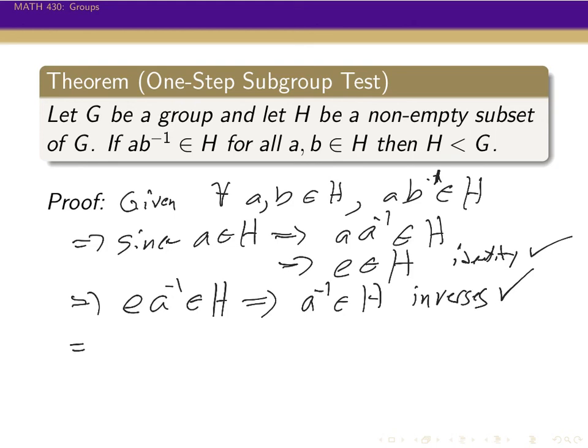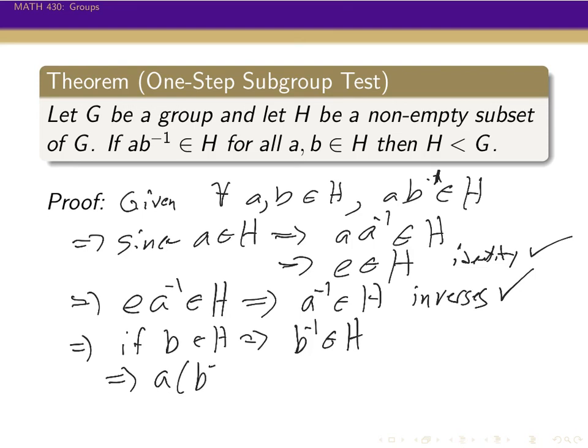And then last but not least, if B is some other element of H, then by what we just did in the line above, this means that B inverse is in H. And so then we have that A times the inverse of B inverse is inside H. Well, what's the inverse of B inverse?